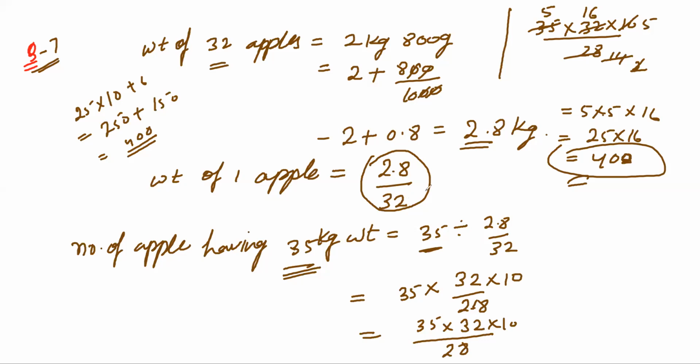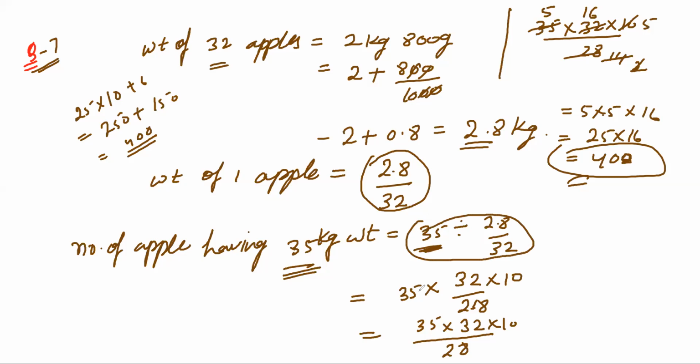Now don't divide it, let it be written as it is. Now the number of apples having 35 kilogram of weight. So there is a container and the weight of the container is 35 kilograms. So how many apples are there? So divide 35 by 2.8 upon 32. So you have to basically do this division.